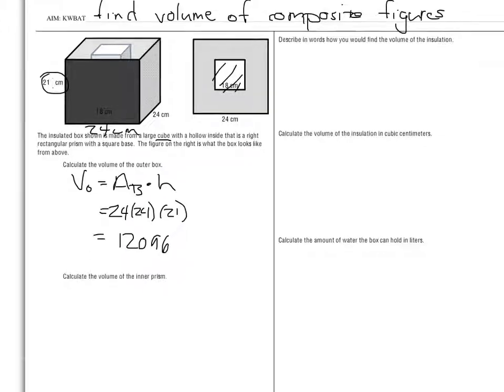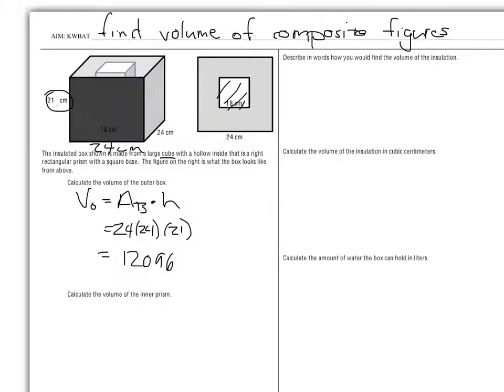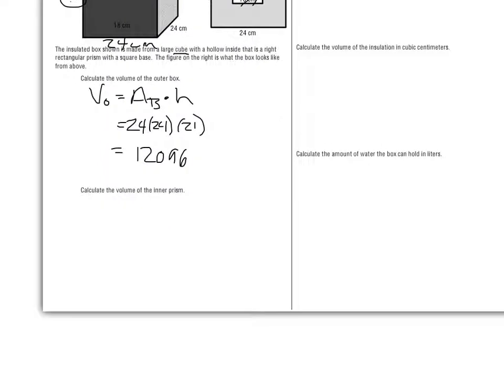So we can see that the area that's cut out of it, this piece here in the middle, where there is not going to be any insulation or water put into it, is going to be a right rectangular prism. We can see that it sits up in there, and it is the entire height of the entire box. So we need to find the volume of the inner prism. Go ahead and calculate that on your own. Should have that it's the area of the base times the height.